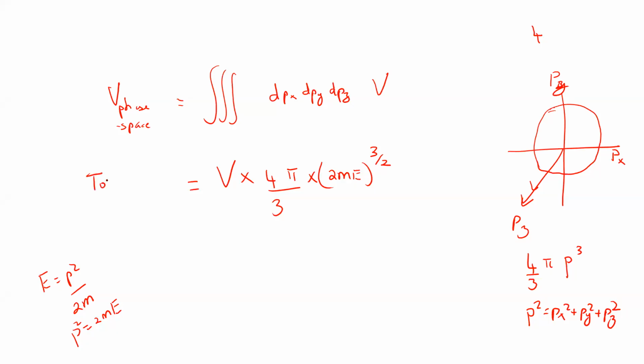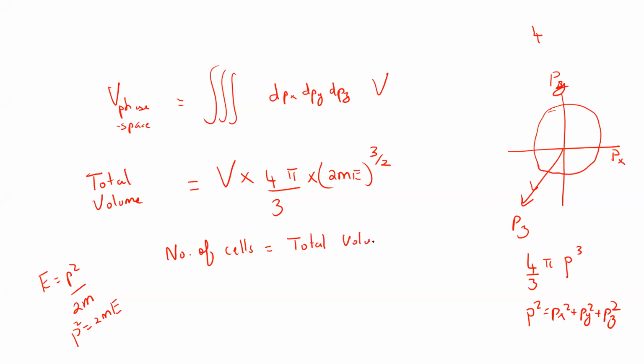This is the total volume, and we have to find the number of cells. The number of cells will give us the number of microstates in the small energy level. So we have to divide the total volume to get the number of cells. We slowly go from one point to another. So to get the number of cells, we have to divide the total volume.